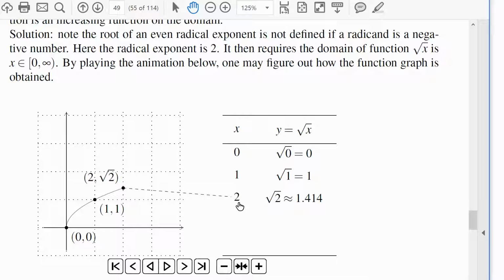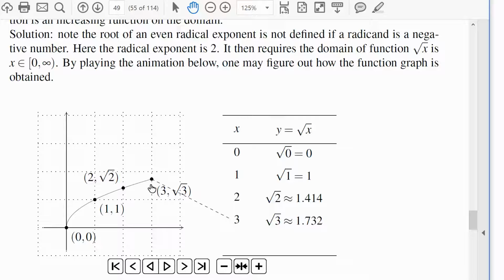X equals 2, radical 2 is approximately 1.414. So you have the third point right here. Keep going. X equals 3, radical 3 is approximately 1.732.